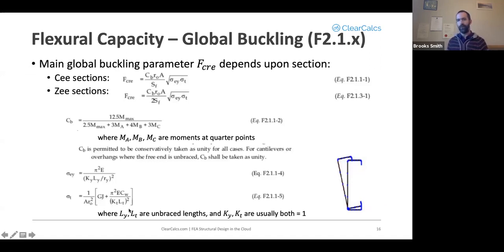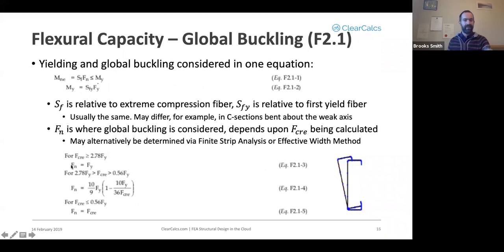That's essentially if your restraints are pinned, which they will be in most cases. If you have fancier types of restraints for lateral and torsional bracing, then K may equal something else, but usually they're going to be 1. So calculate sigma EY, sigma T, and then plug all that in, get FCRE. Go back to this equation to find Fn, plug that all in. You end up with your global buckling capacity of MNE.